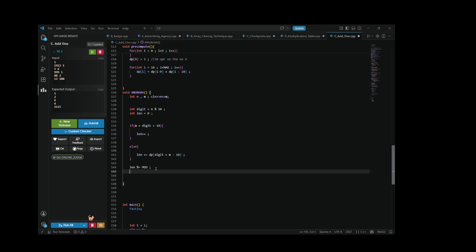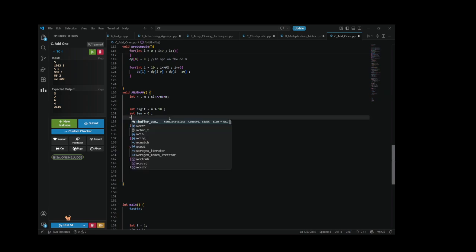So this thing, and all of this would be happening when n is greater than 0.